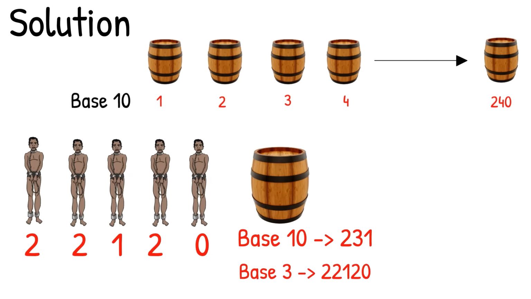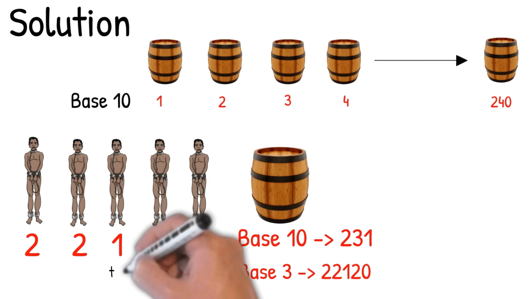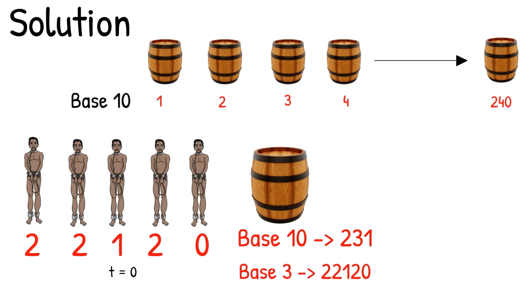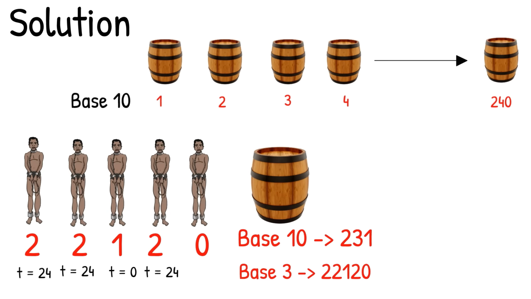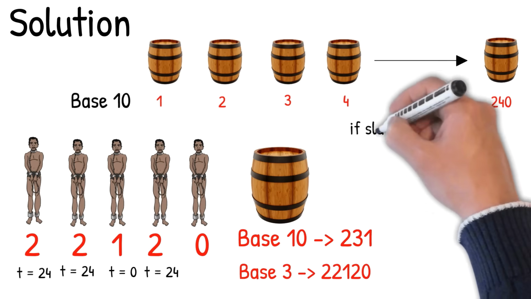Here the fifth digit is 0, so don't feed slave 5 from this barrel. The third digit is 1, so feed slave number 3 from this barrel at time t equal to 0. And the first, second and fourth digits are 2, so feed slaves number 1, 2 and 4 from this barrel at time t equal to 24.